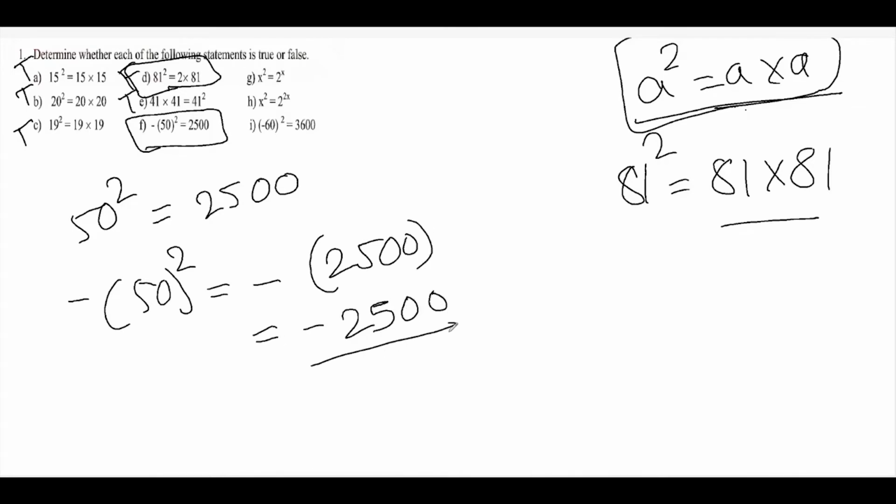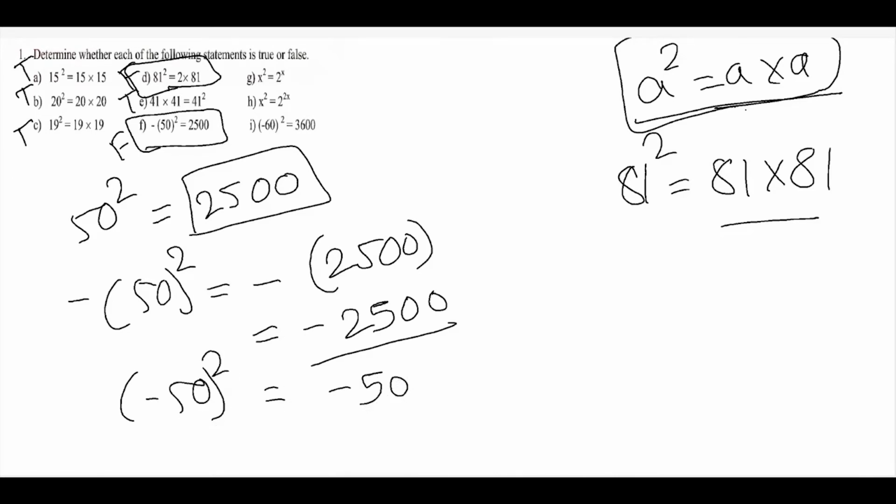So this and this are not equal. So this is false. This would be true if it were this case, which means minus 50 multiplied by minus 50, and minus minus becomes positive. So we say that the square of any negative number is positive.